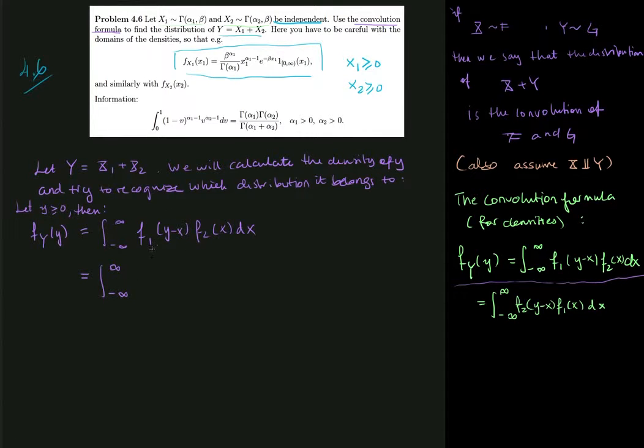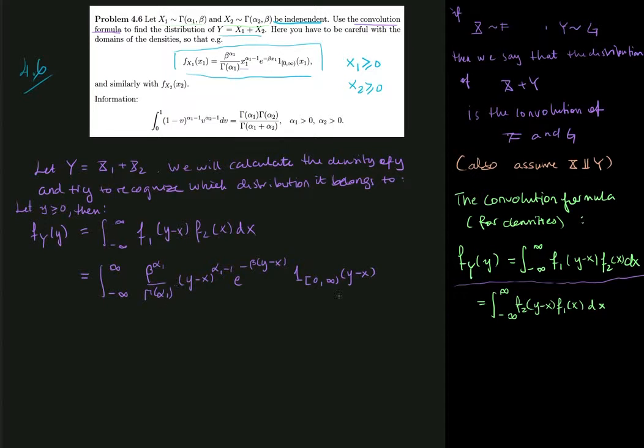So the gamma density for x1 evaluated in y minus x is this huge expression here, where instead of x1, each time I will write y minus x. So this is equal to beta to the alpha 1 divided by gamma of alpha 1 multiplied by y minus x to the alpha 1 minus 1 multiplied by e to the minus beta (y minus x) multiplied by the indicator function from 0 to infinity of y minus x.